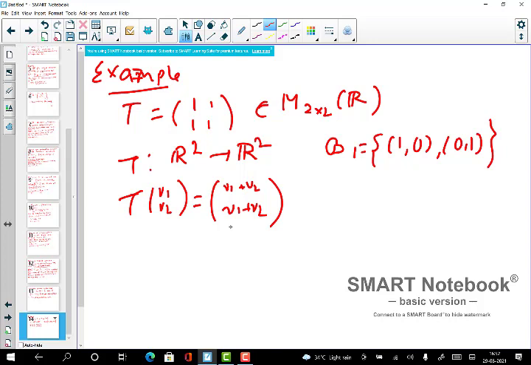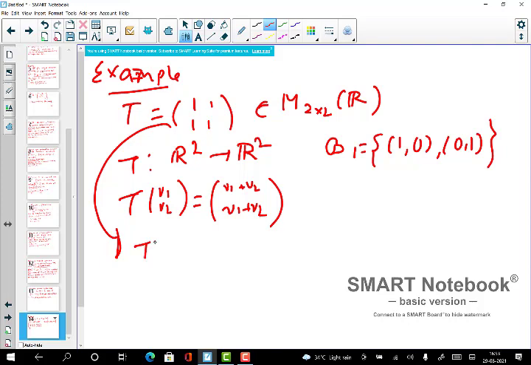Yes, so obviously you can ask what are the eigenvectors and eigenvalues of T, and how do you check whether it's diagonalizable or not? Let me do it one by one. To find the eigenvalues and eigenvectors, you need the characteristic polynomial.